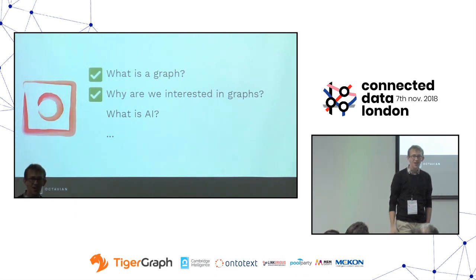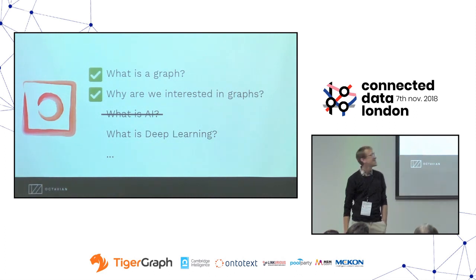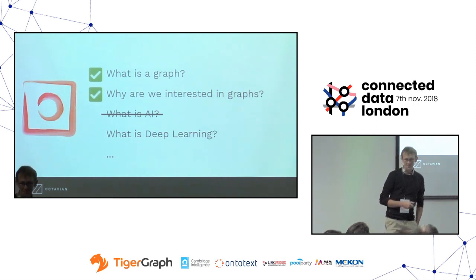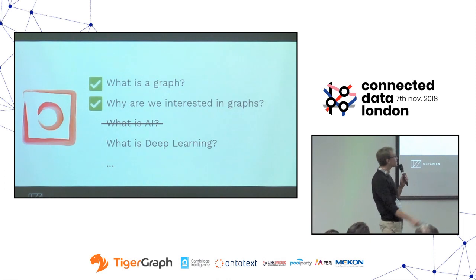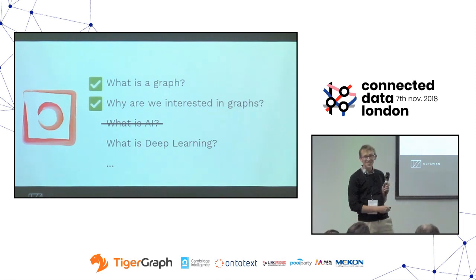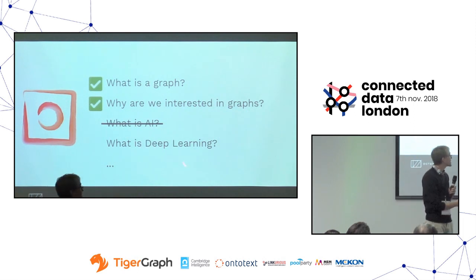This is what I want to talk about, and this is hopefully what you're here to find out. This is a trick question. I can't answer this question. I'd be earning more money if I could. But I'm going to talk a bit about what deep learning is and how we can do it on graphs.